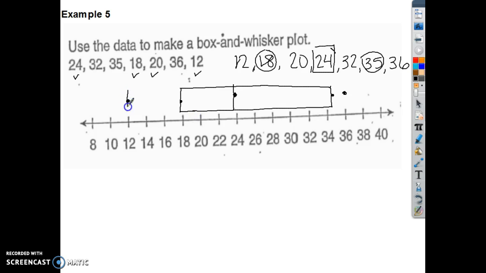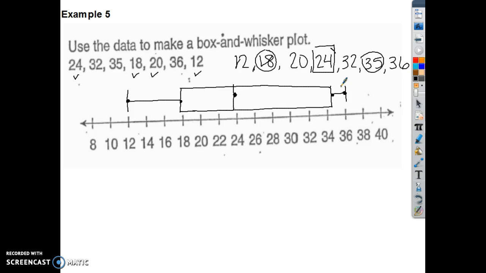Now we connect the whiskers. I can put a line to make this look more like a whisker. I can put a line here. So what we see is the lower part, this first quartile, has more variability. It's more spread out than the upper quartile.